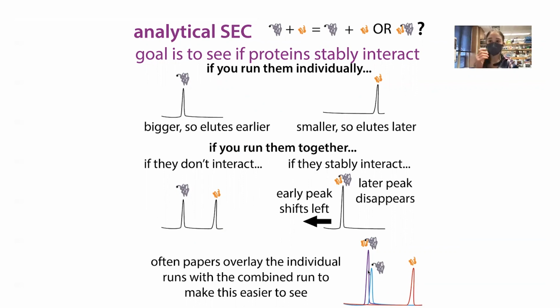We have some analytical size columns, which are smaller and don't use quite as much, but still, if you don't have that much protein, it's not going to be a great way to go. This also relies on the complex being stable enough that it can go through this column without coming apart. So if you have a weaker interaction, they might not form a stable enough complex for this to actually work.